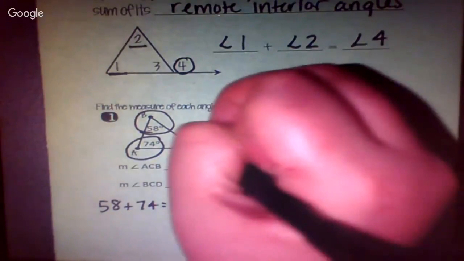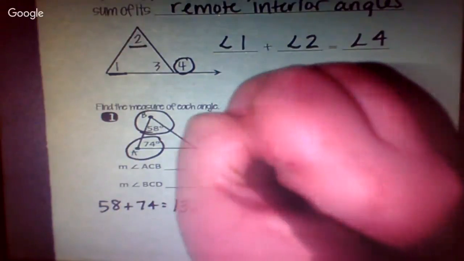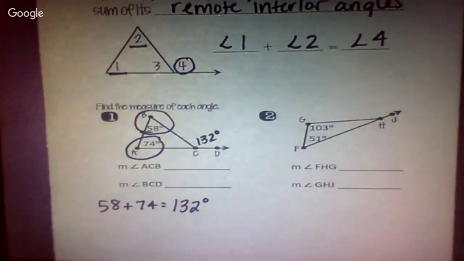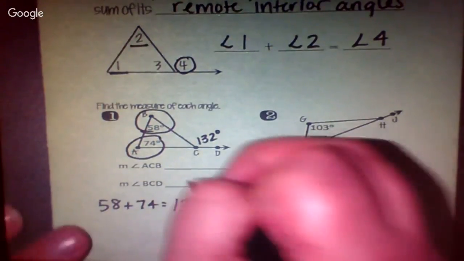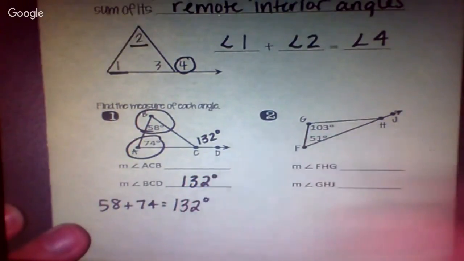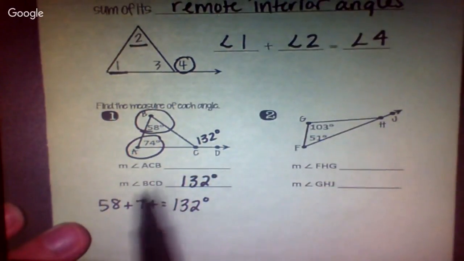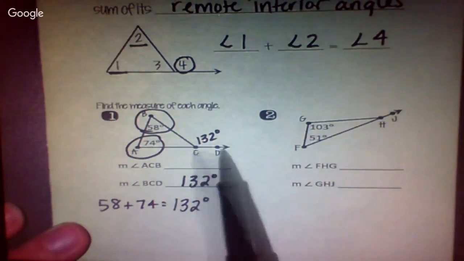So that means that this angle right here is 132 degrees because we added up the measure of your interior angles. So that is angle BCD. Notice we label angles by 3 letters, B, C, D.